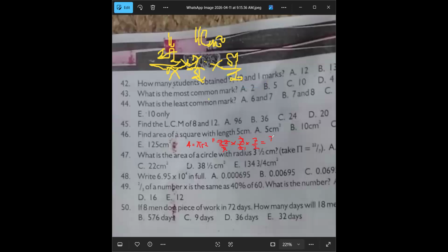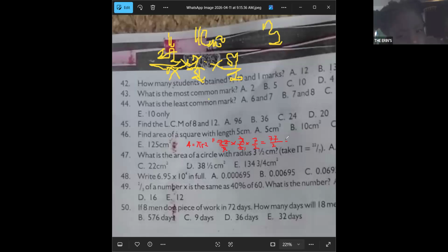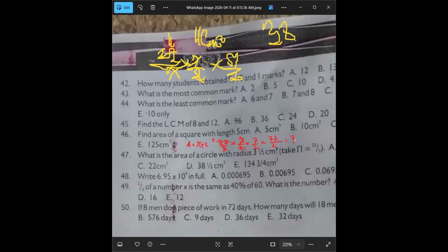And 77 over 2 is what? Calculate it now. What will it be? 38 whole number 1 over 2. Thank you. 38 whole number 1 over 2.